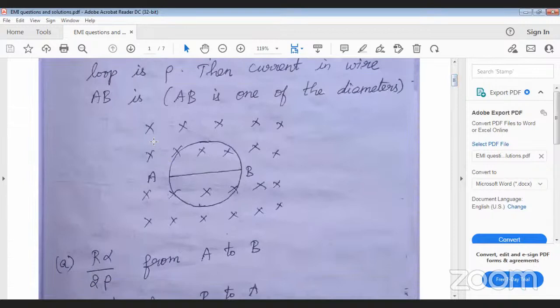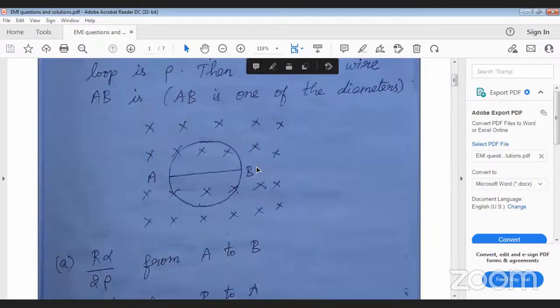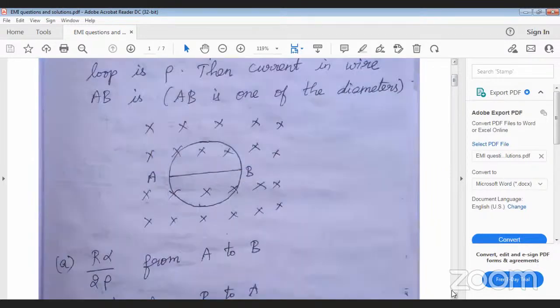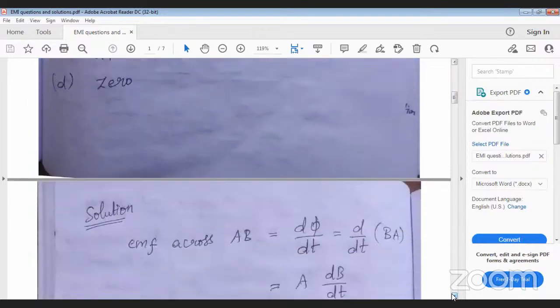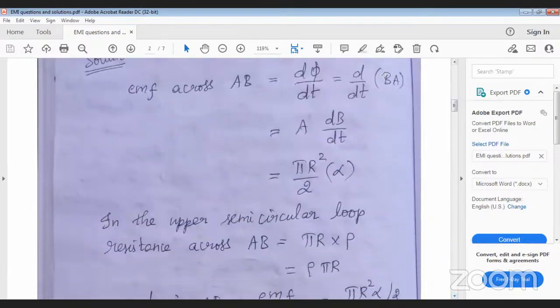Here we are discussing the EMF across this AB. Across AB means you need to consider the semicircle. Semicircle means when you take the area, you should take only half of the area of the circle. That's why I have taken pi r squared by 2.